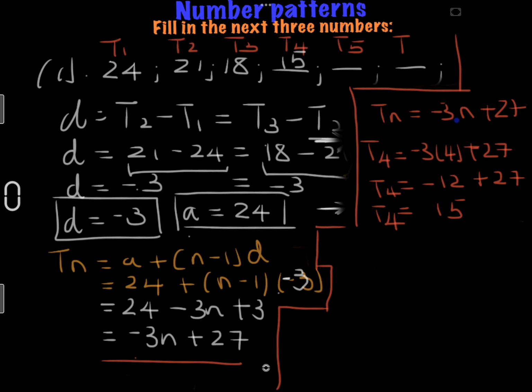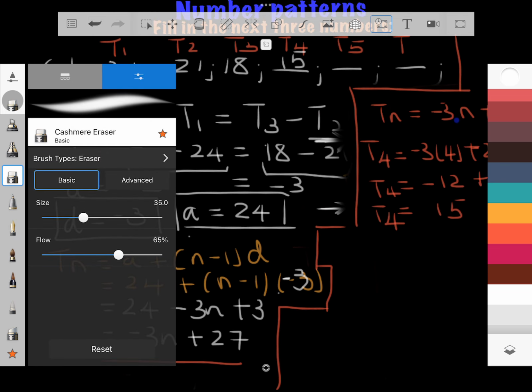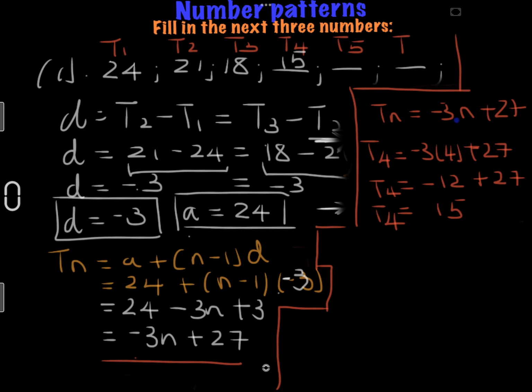Let's find term 5. To find term 5, all I need to do is simply substitute. In fact, let me reuse the same values, but just simply finding different terms. So I'll have to erase that. This obviously is different, and the answer will be different.